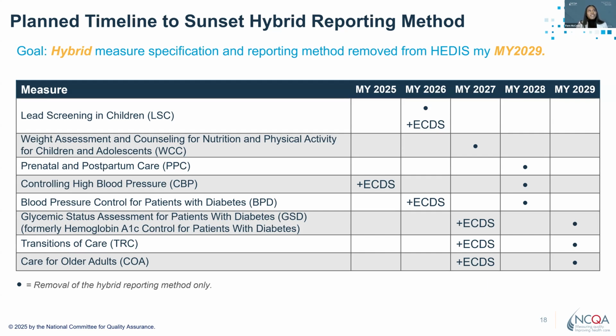So not only are they on different timelines based on the considerations we just talked about on the previous slide, but they have different pathways to removing hybrid. The dark blue dot represents when hybrid would be removed. And then we also have indicated where we have noted the plan to introduce the ECDS version of the measure.